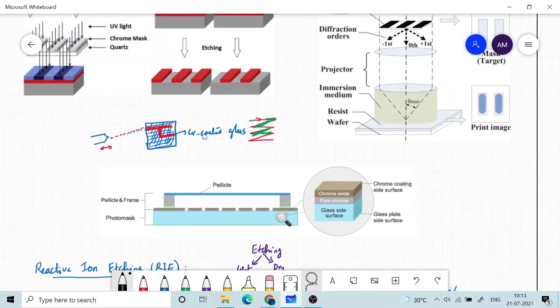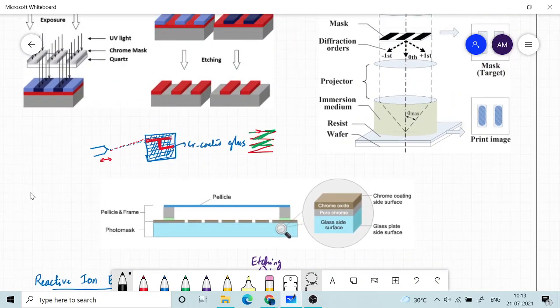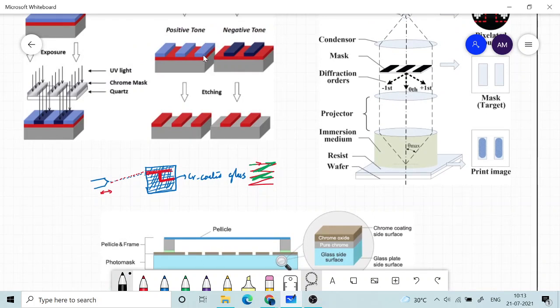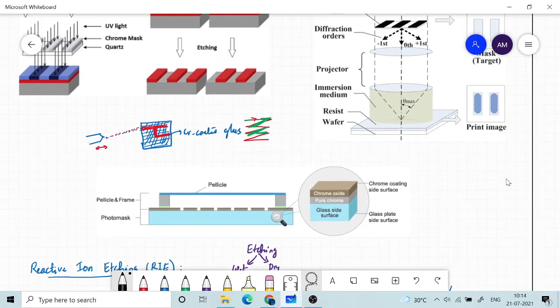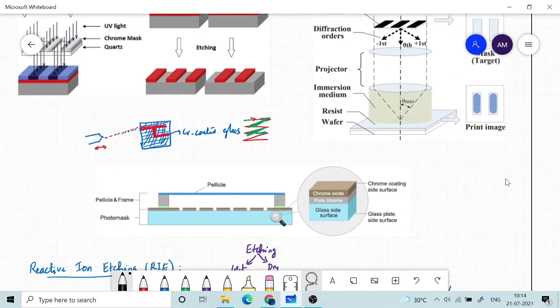We will strip it away. Once it is stripped away, you can see that only the material underneath will have the pattern. So the metallic layer is now patterned. We have transferred the pattern onto that particular layer. Similarly, we can do this with any layer.